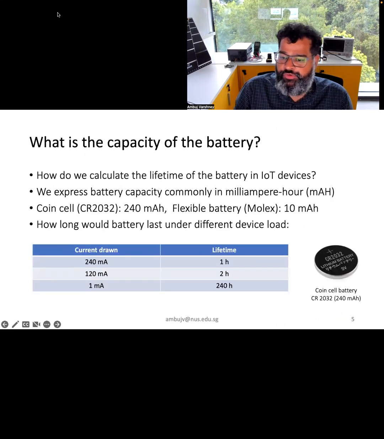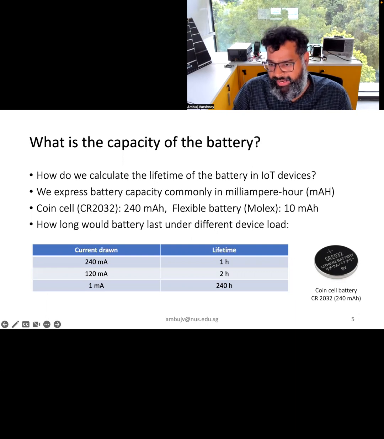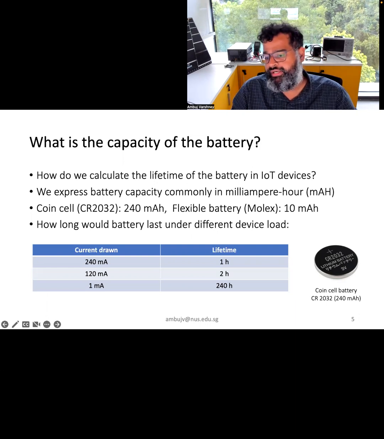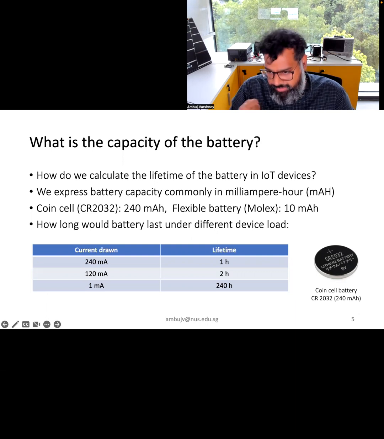As we have mentioned before, for small devices and IoT devices, we often use the unit of milliampere hour to estimate the battery capacity. For example, a coin cell battery like the one we show on the slide may have a capacity of 240 milliampere hours. And a flexible battery like the one from Molex, which is in a sticker form factor, may have a capacity of 10 milliampere hours.